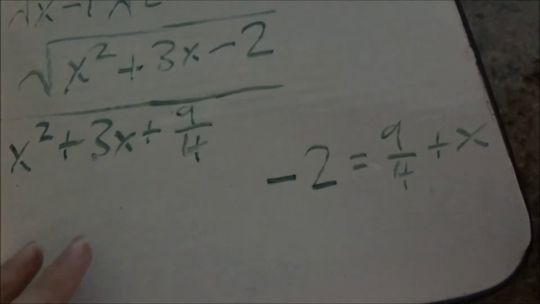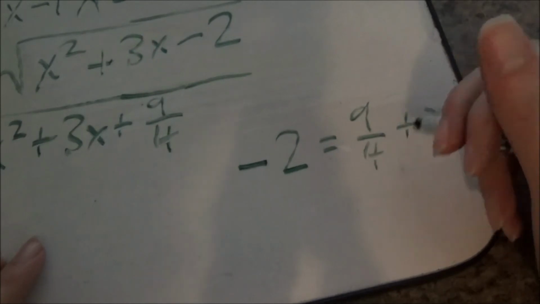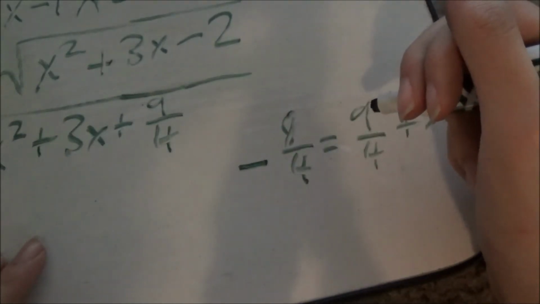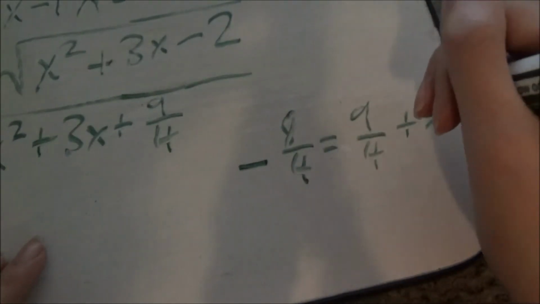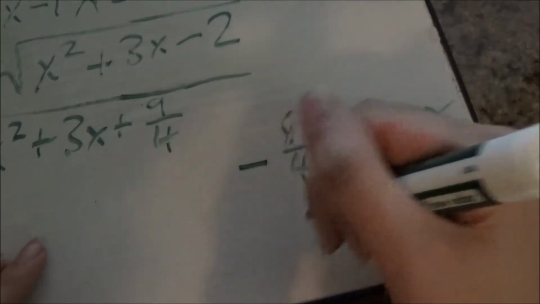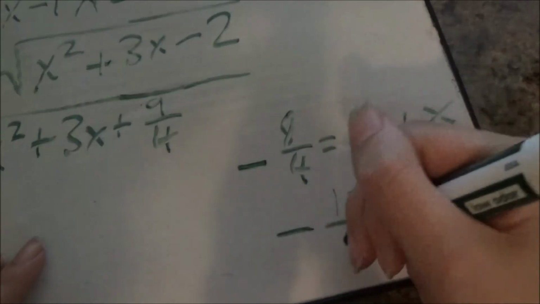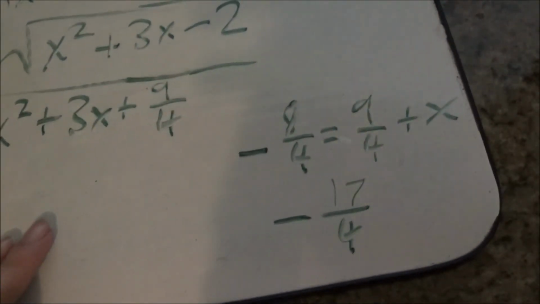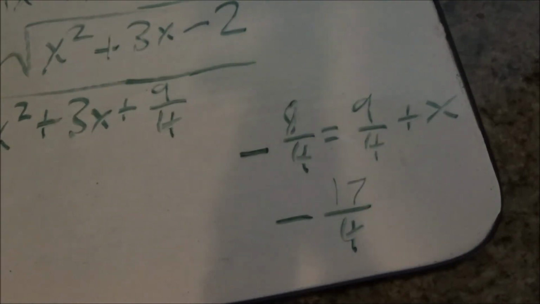So, oh god, why? This is 8/4. X is equal to negative 17/4. What is this? Why? That's nasty, bro. I don't want to do this.